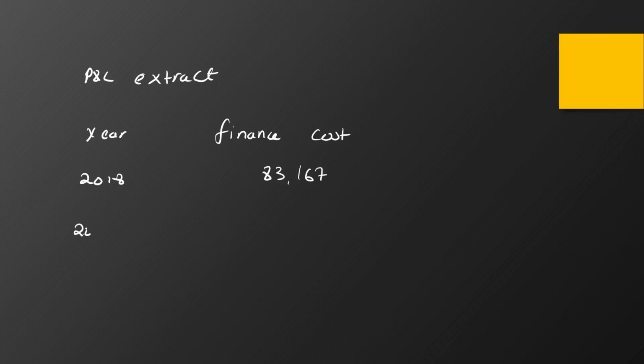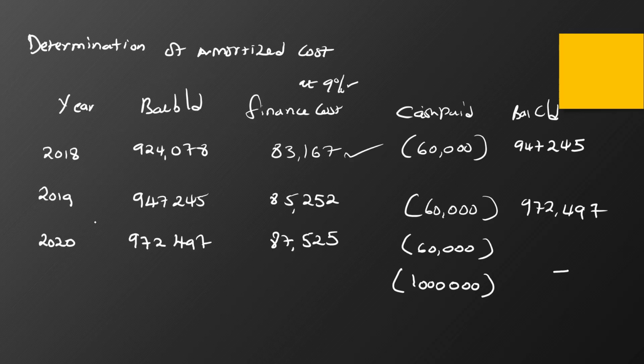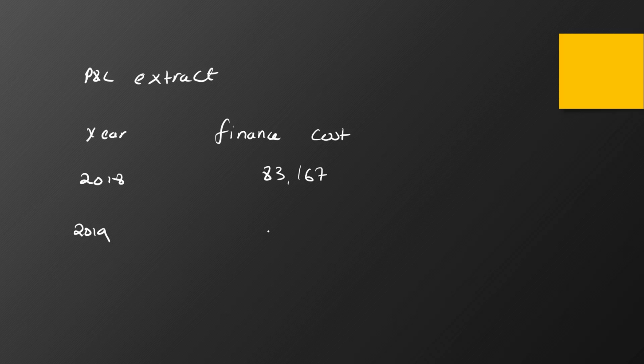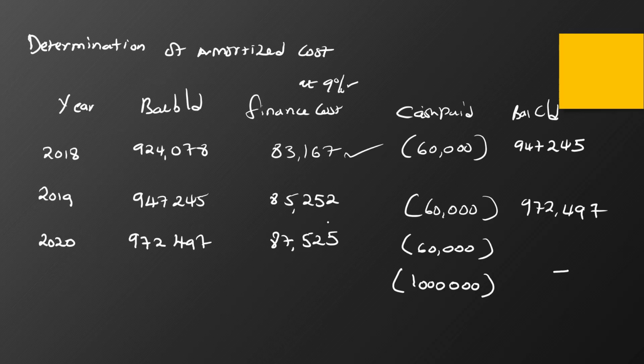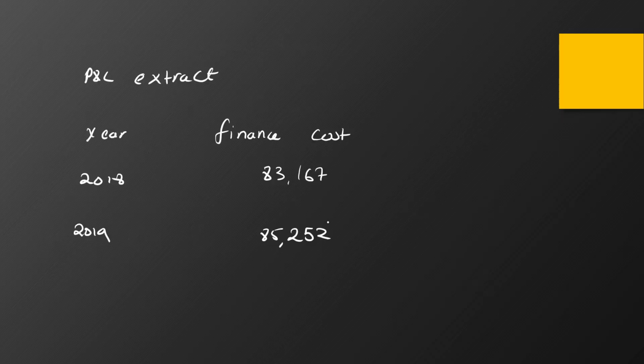In 2019, the finance cost was 85,252. And then lastly, in 2020, the finance cost was 87,525. On my next page, let me go ahead and prepare the balance sheet extract.